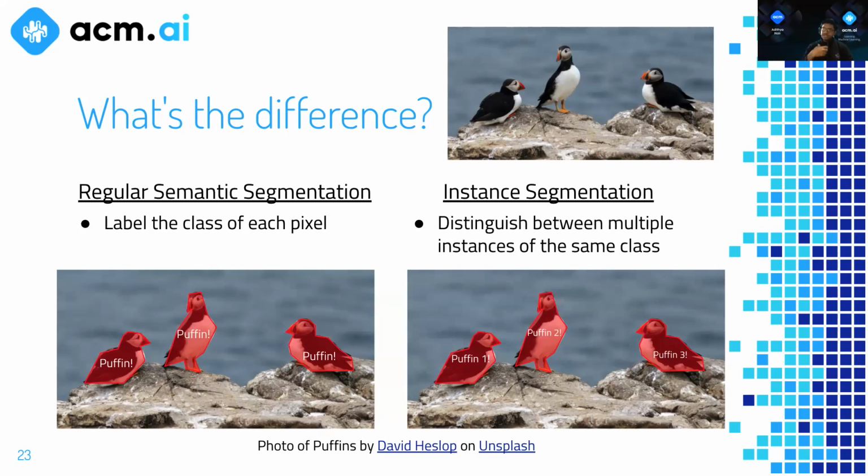But with instance segmentation, you take that a step further and realize that this pixel is a puffin, and this other pixel is also a puffin, but it's not from the same puffin I saw earlier. So it's a different puffin, and you can do that with different numbers of puffins. So that's instance segmentation: you can locally identify and distinguish between different instances of the same class.